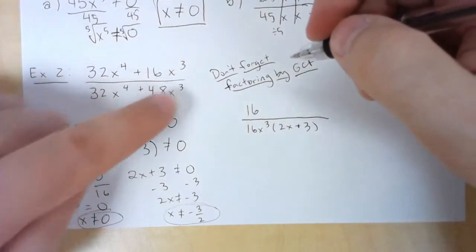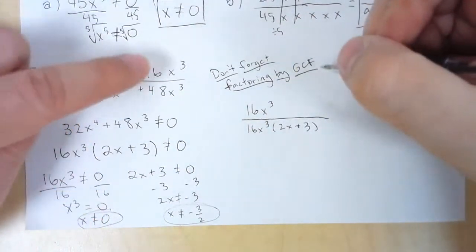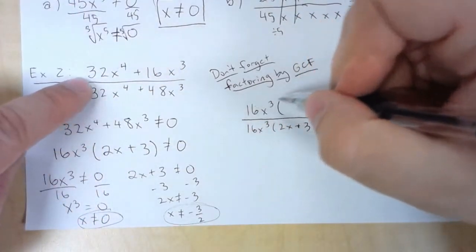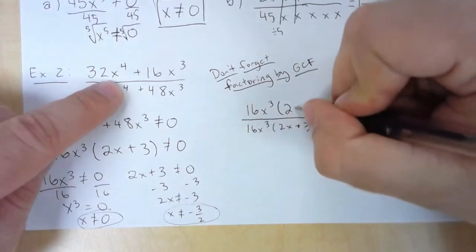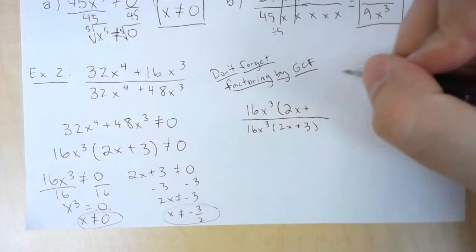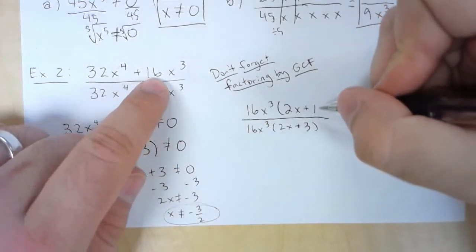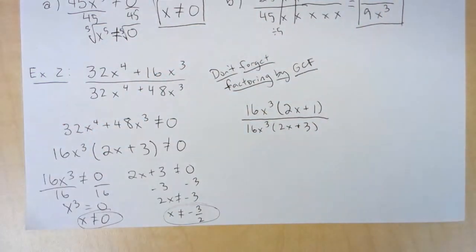X to the 4th and x to the 3rd is the exact same thing as the bottom. X to the 3rd can multiply by x, and x to the 3rd can multiply by 1. Okay, so 16 times 2 is 32, and an x to get us x to the 4th, plus, let's see here, 16 times 1 gives us 16, and x to the 3rd times 1 gives us x to the 3rd. So that looks to be the factored form.